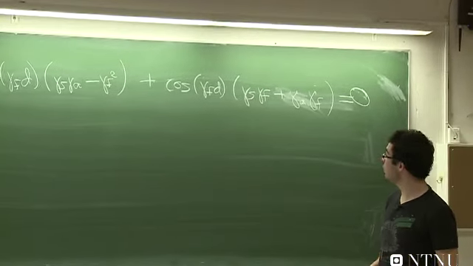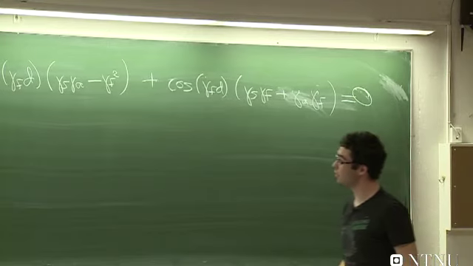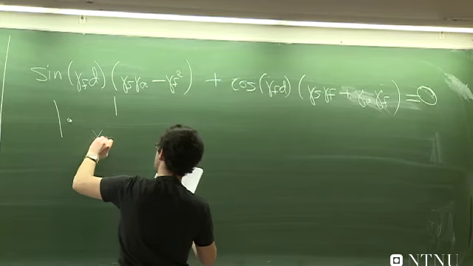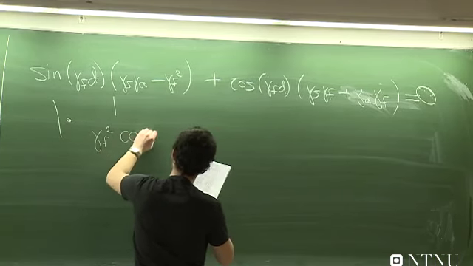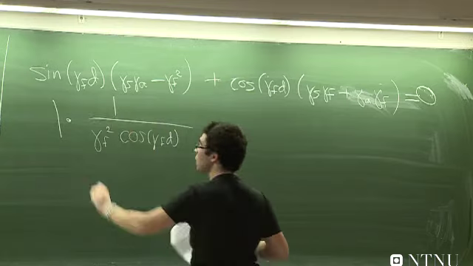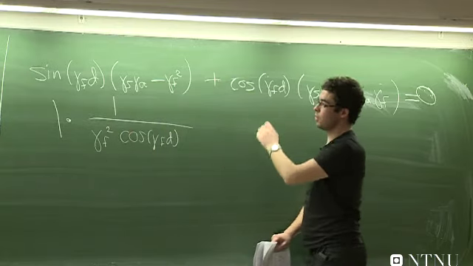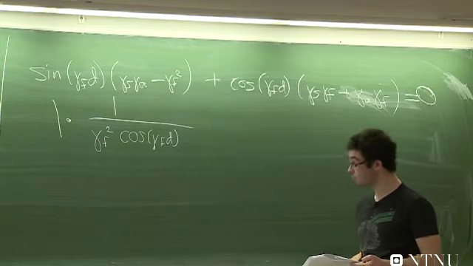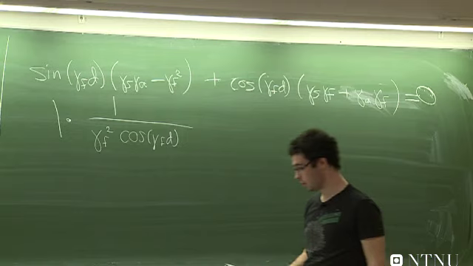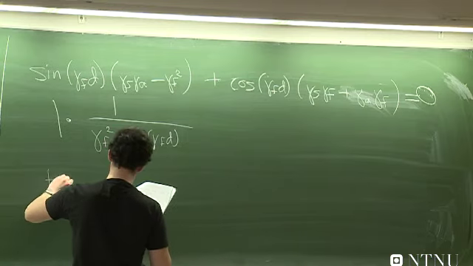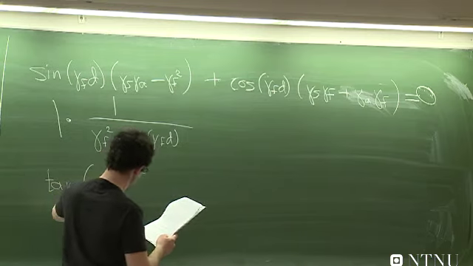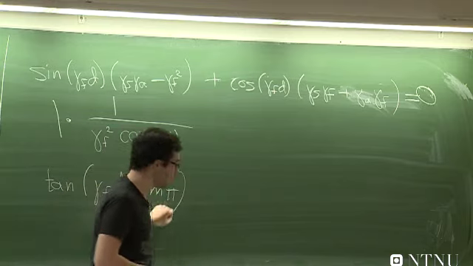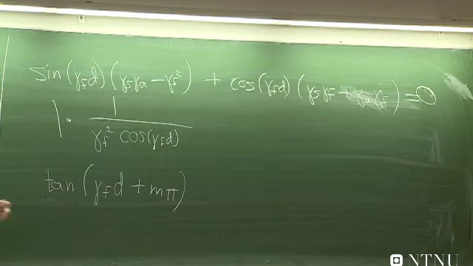Okay, and this is pretty messy. So I multiply this by, let's see, 1 over gamma f square cosine of gamma f d, like that. You'll notice that the cosine goes away and I get a tangent over here. So after doing that, I will get the following tangent of gamma f d, and now I add a constant plus m pi, because you remember that the tangent is continuous, right?